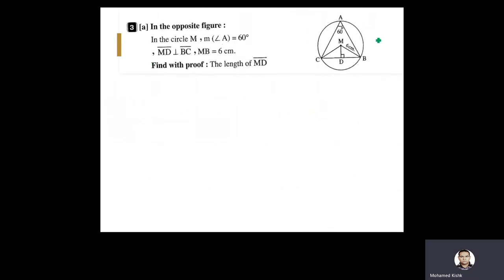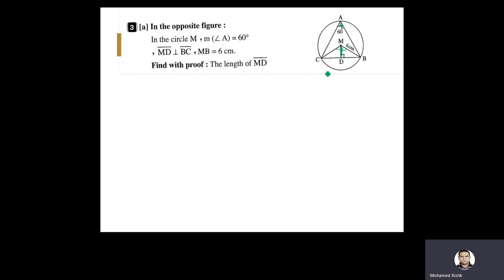We have here angle A is 60 and BM is 6 centimeter. MD is perpendicular to BC. He wants to get the length of this side, MD. Okay, we have here an inscribed angle and the central angle CMB.